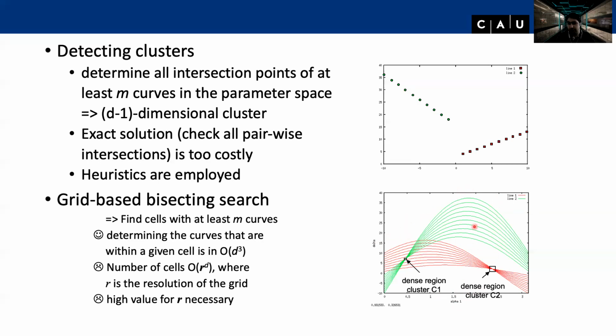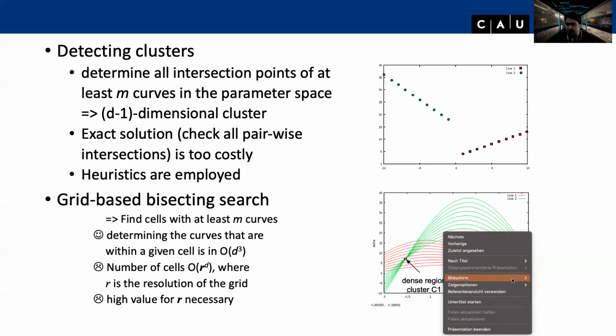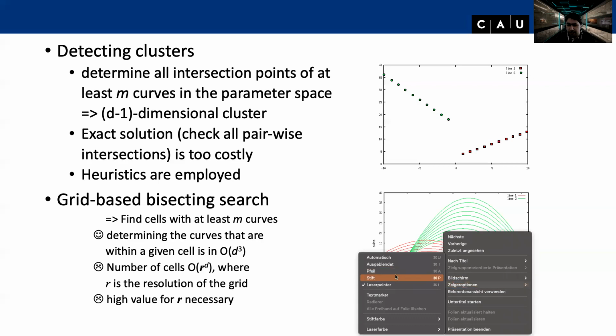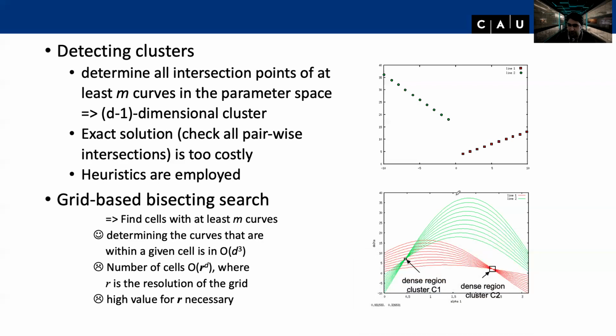So in the beginning, we have two halves, this one here and this one here. Let me check if I can draw it actually. Pen, there we go. Apologies, because drawing with this trackball is a bit weird. So first we ask for the left and right part: do we still have at least these m curves we are looking for? It turns out yes. Then for both of these, we ask whether the top part or the second part has at least m curves.